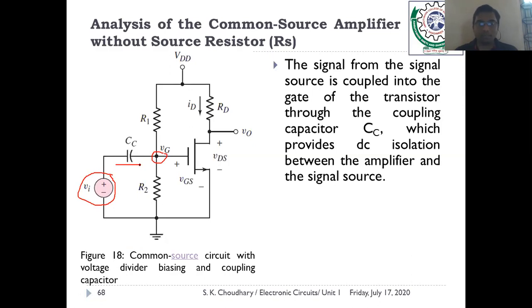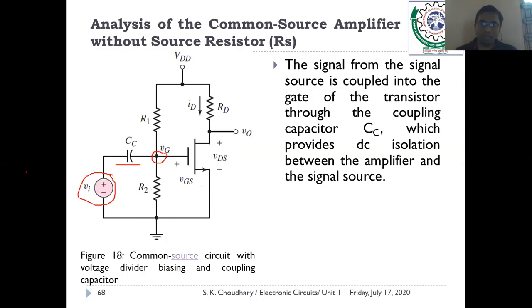The property of this coupling capacitor is that it provides a DC isolation between the amplifier and the signal source. Generally we use function generators or signal generators to generate the AC signal, and it may consist of some DC value along with the AC signal.